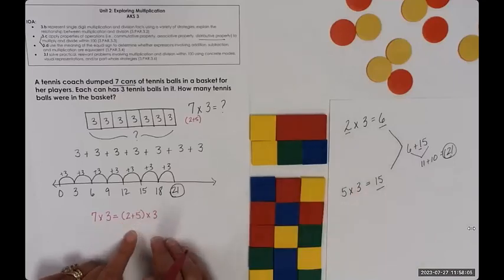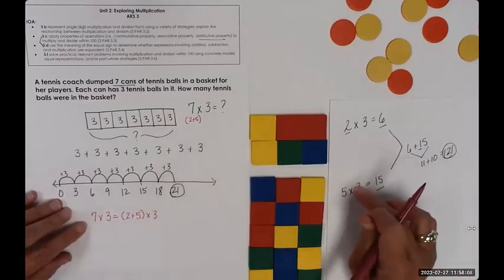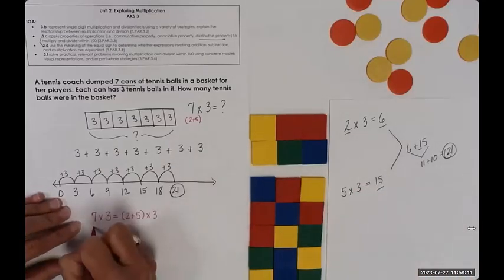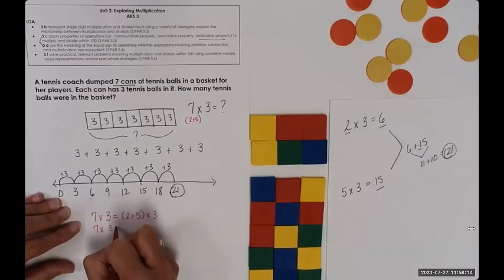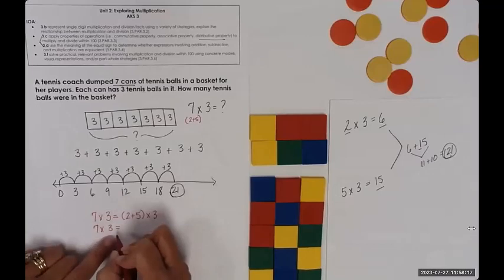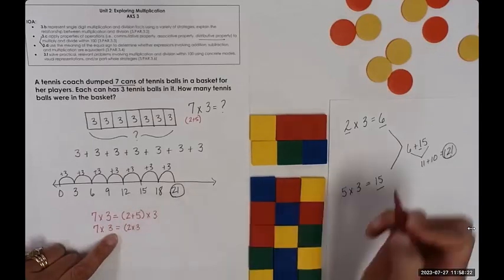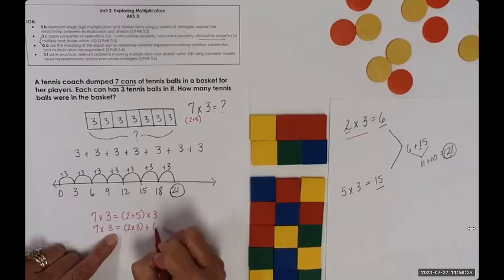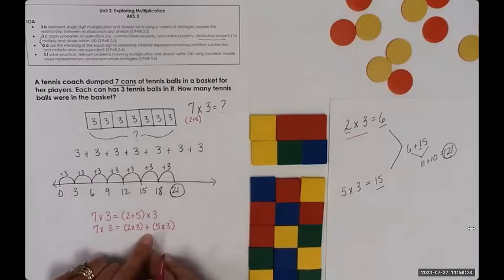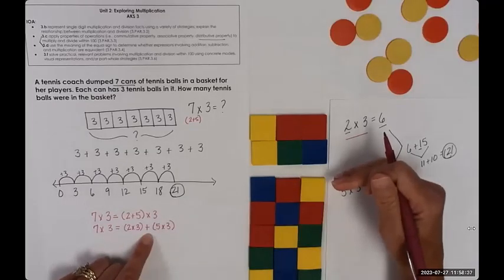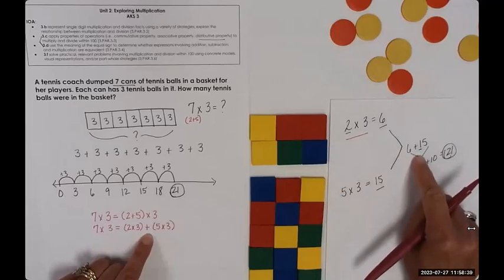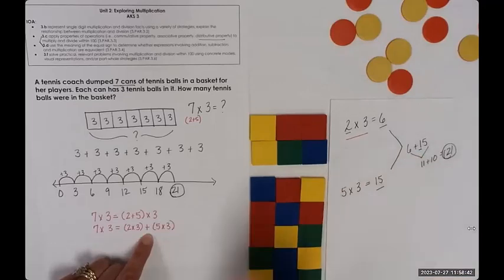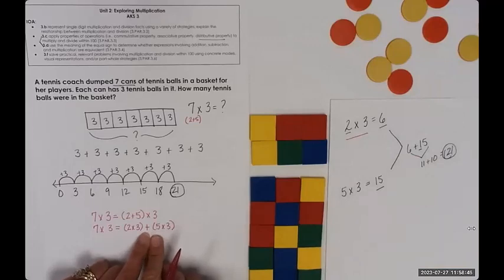So when we transition to the next part of our equation to show what we did over here, we will write 7 times 3 has the same value as 2 times 3, and we can clearly see that right here, plus 5 times 3. And we use the addition sign here because originally we decomposed this, but we have to put the partial products back together to find our total product. That's why we put the plus sign here, the addition sign, okay?